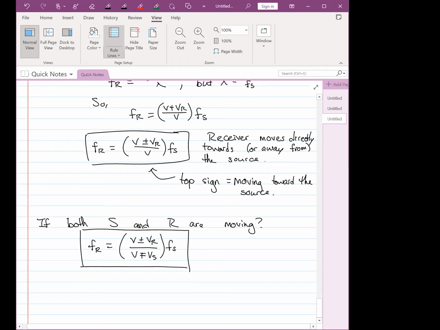So here, the top signs correspond to that object moving towards the other.